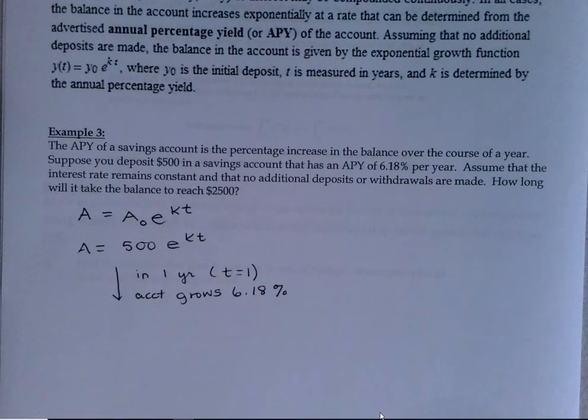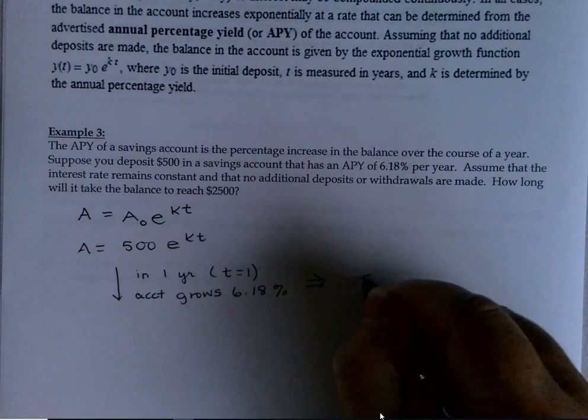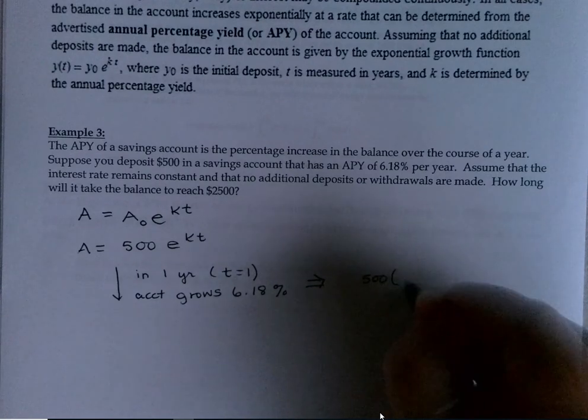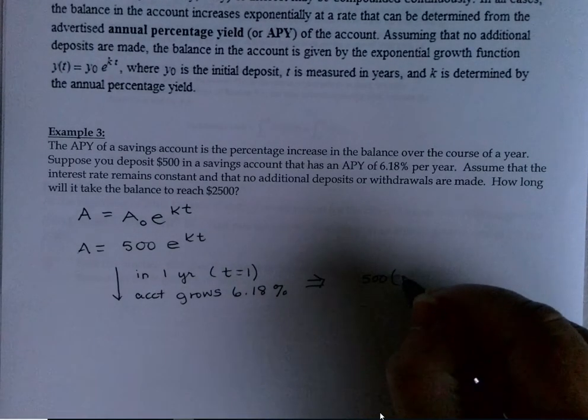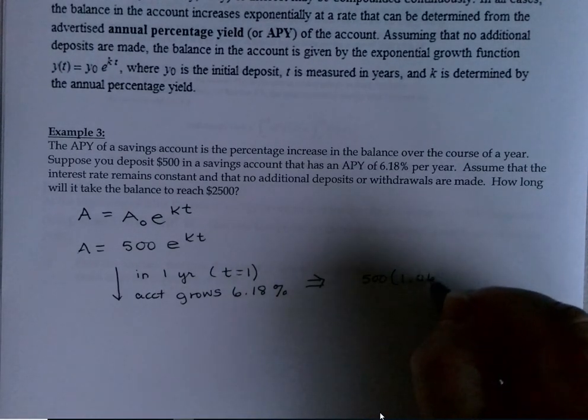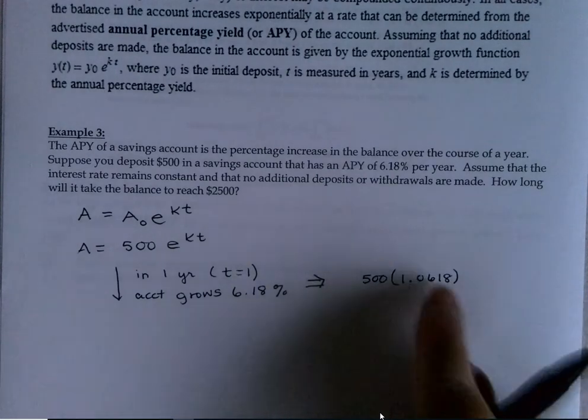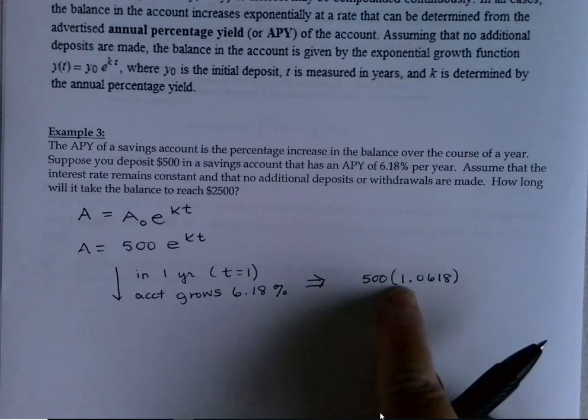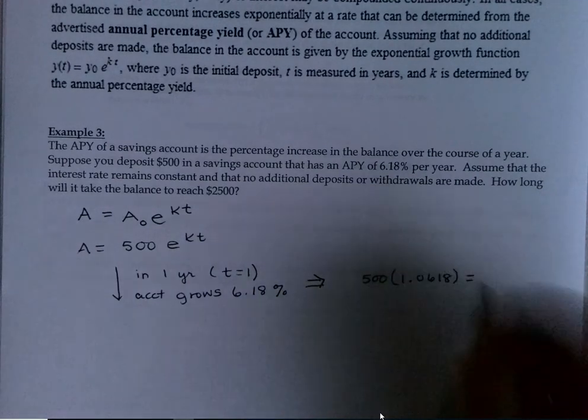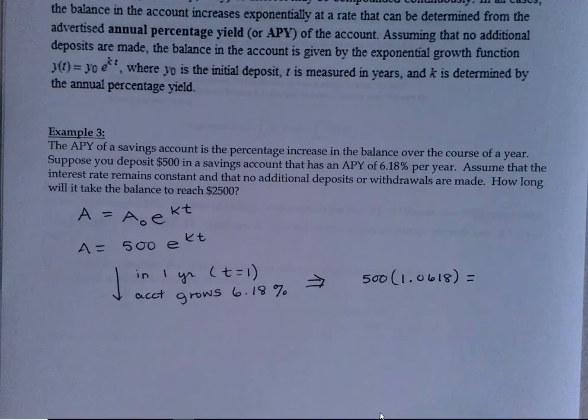That's what APY means. So that tells me that my $500 times a 6.18% growth rate would be 1.0618, right? That's the 6.18% plus all of what I started with.